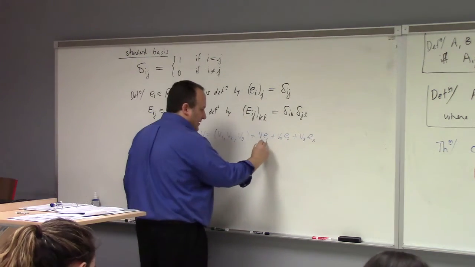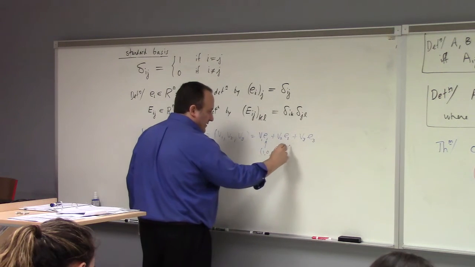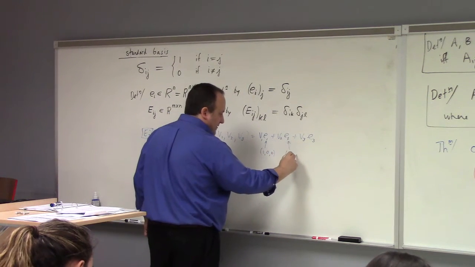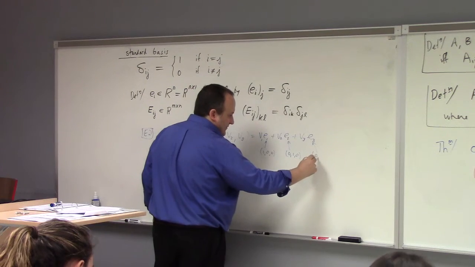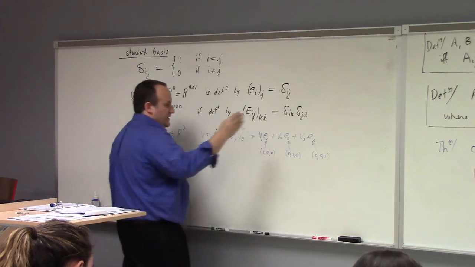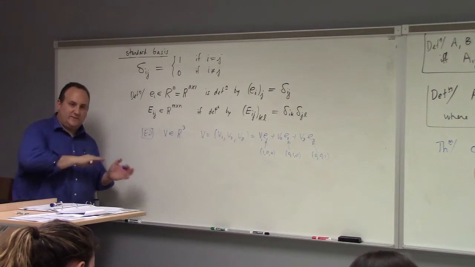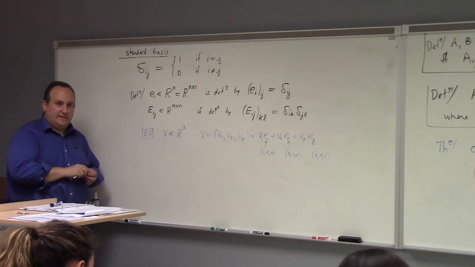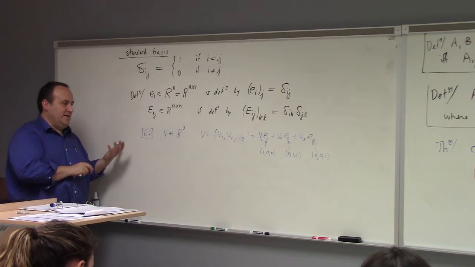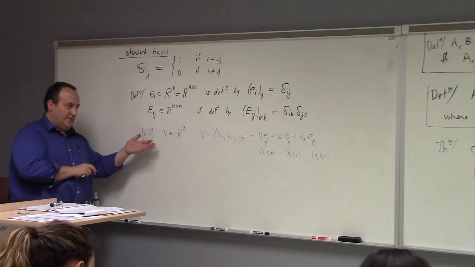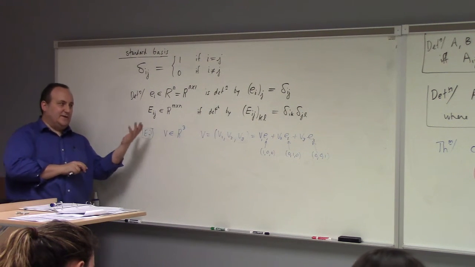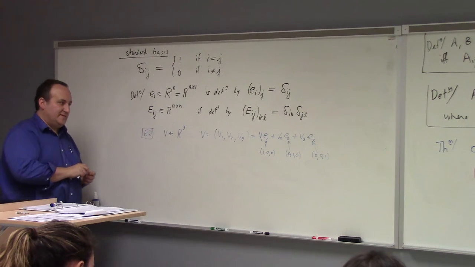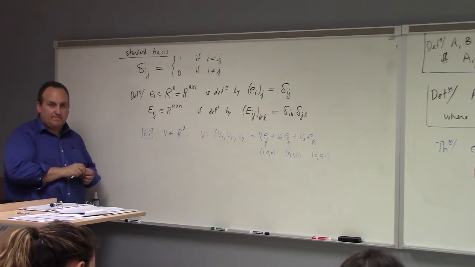Because this e1 is 1, 0, 0, this e2 is 0, 1, 0, and this e3 is 0, 0, 1. And if you scalar multiply the numbers v1, v2, and v3 into those vectors and add them together, you get back where you started, right? Any vector in R^3 can be written as a linear combination of the standard basis e1, e2, e3, right?